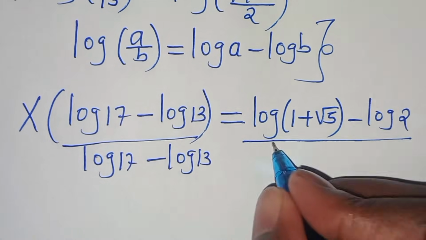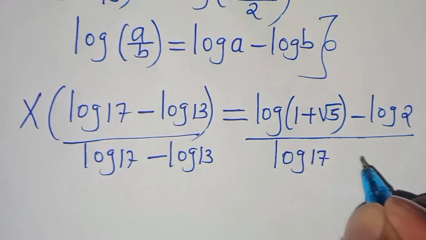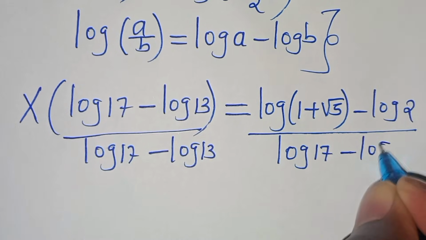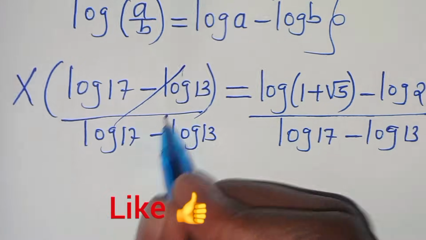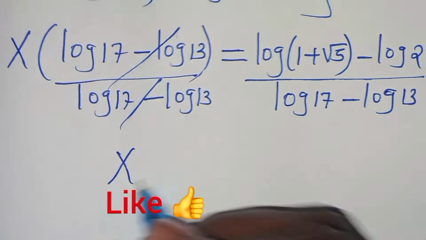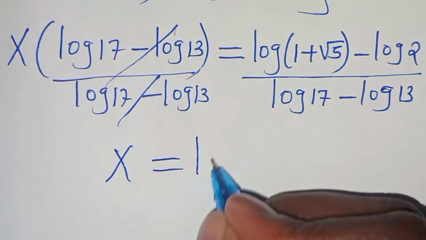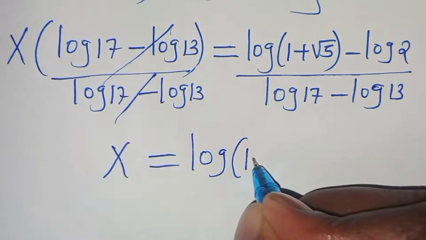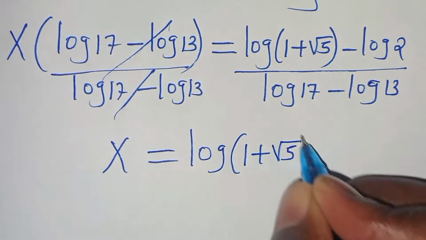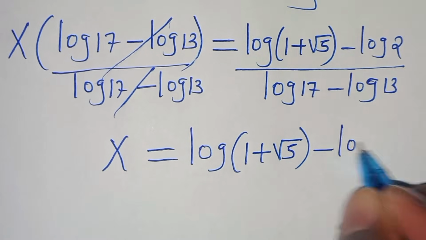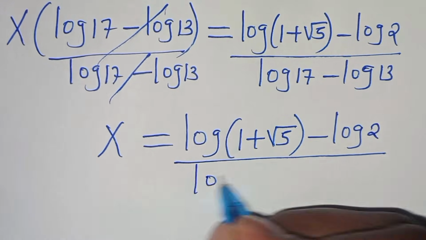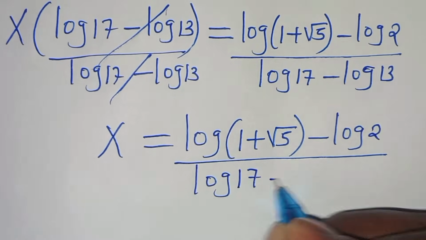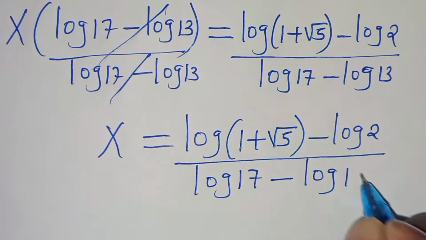So let's simplify here so that we have x is equal to log of 1 plus square root of 5 subtract log 2, then divided by log 17 subtract log 13.